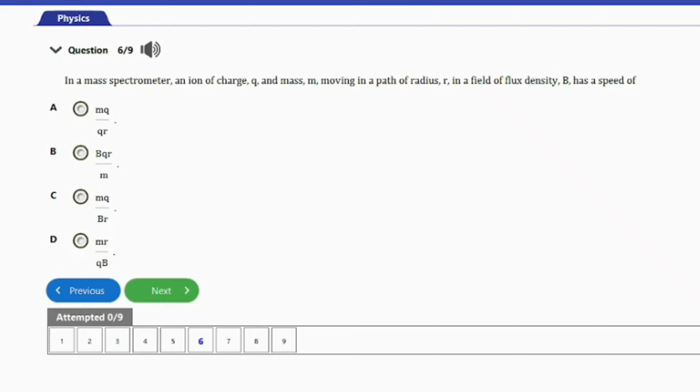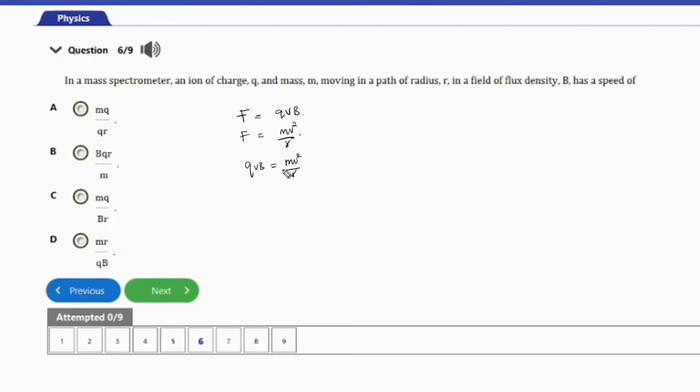So guys, let's take note that the force on a moving charge in a magnetic field is related as F is equal to QVB, while the centripetal force is F is equal to mv squared over r. So guys, if we equate the two here, we're going to have that QVB is equal to mv squared over r.